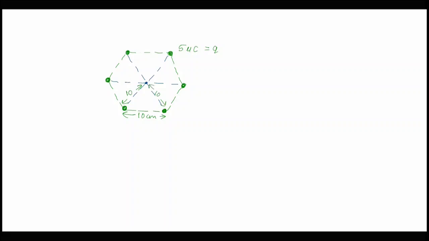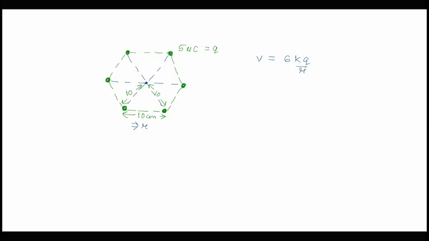Now since potential is a scalar quantity, we say potential due to each of them will get added up, and hence I am writing that the value is going to be 6 times kq by r, where r is equal to 10 centimeter.